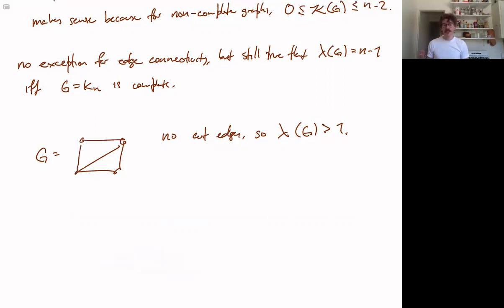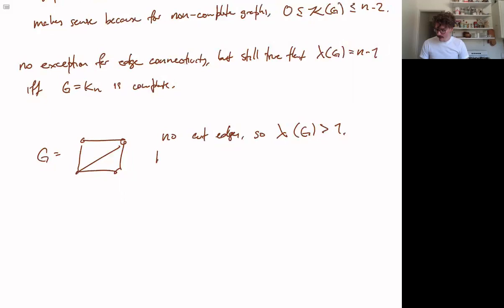So edge connectivity has a nice relationship to vertex degree, which you can work out if you're interested, and will probably be helpful for the homework. So it has a vertex of degree 2.